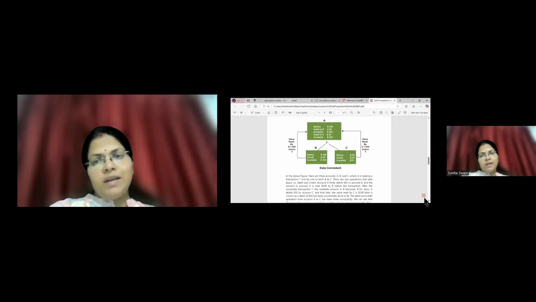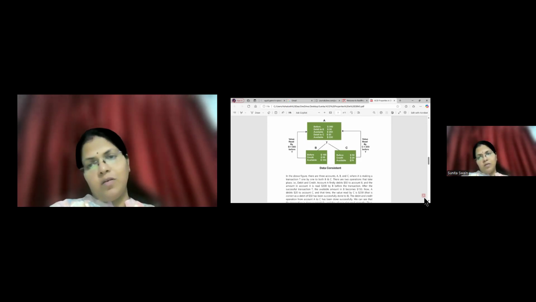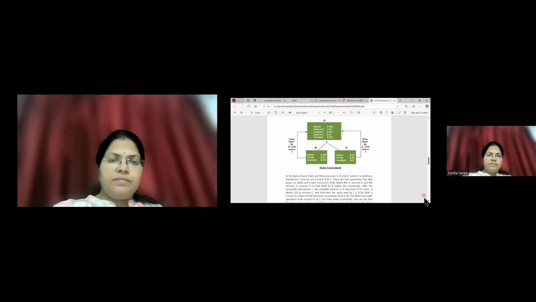And where it has been credited, that balance must be updated. The available balance in the second account must get updated so that the data will be called consistent. So in this figure, we need to explain how the data consistency feature is adopted in a database environment.